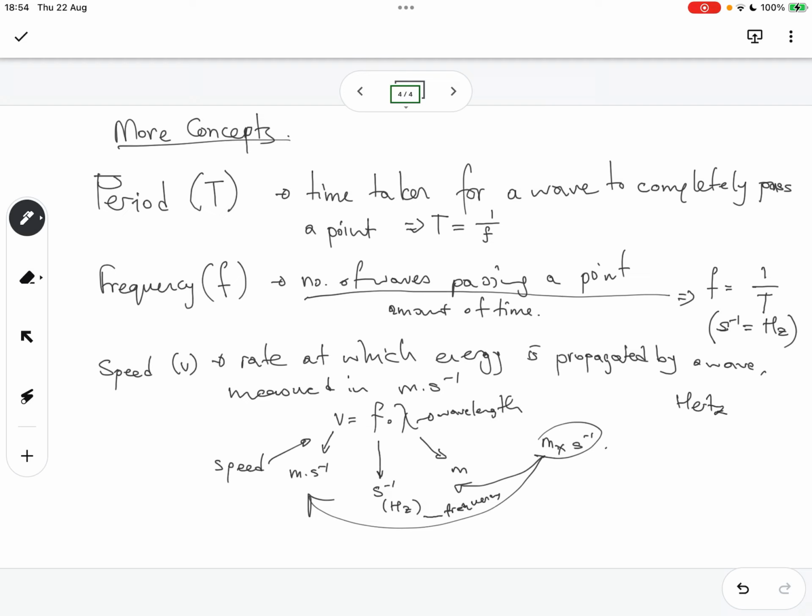Okay, so again, hertz is named after, who? I forgot the name now. Heinrich Rudolf Hertz.